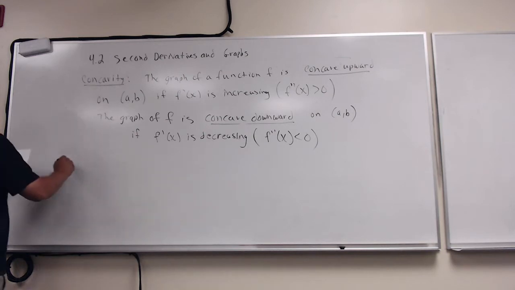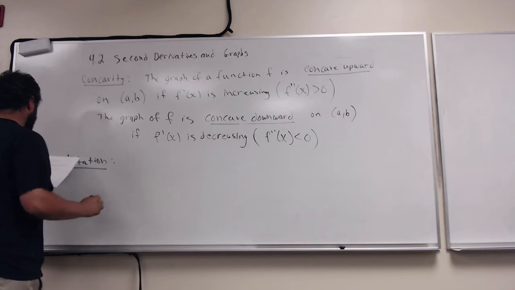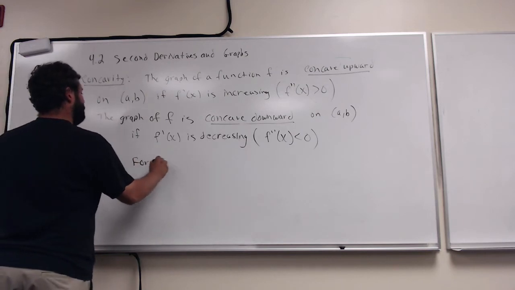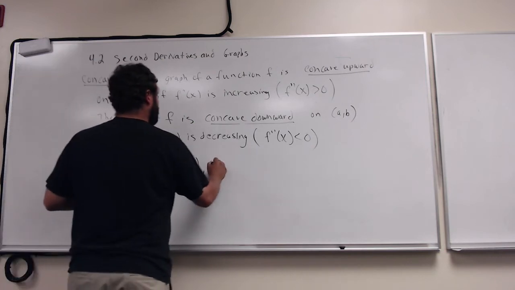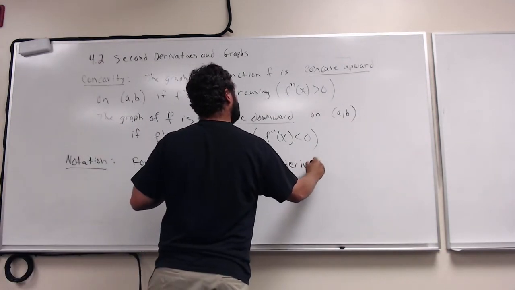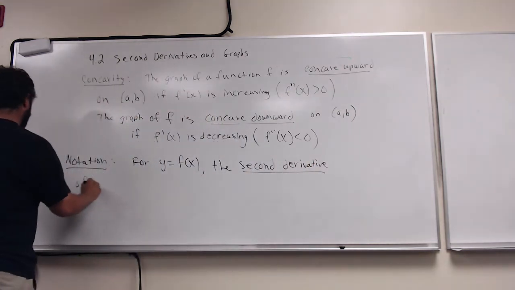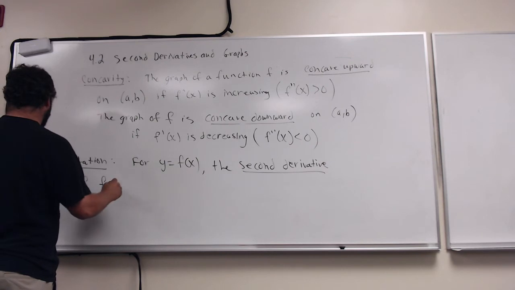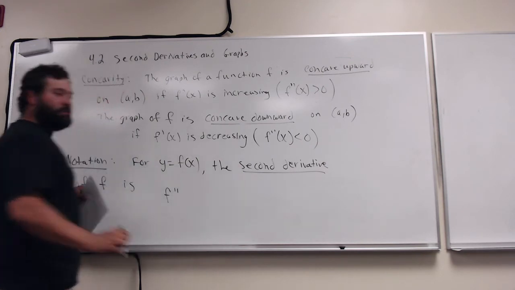So notation. Okay, so for a function y equals f of x defined explicitly, the second derivative of f, provided it exists, is, and we're going to use just a second prime.